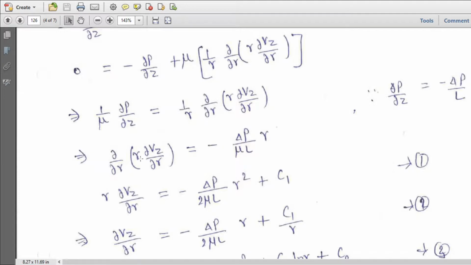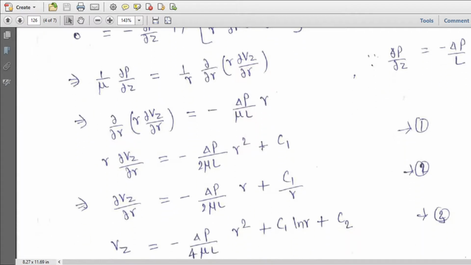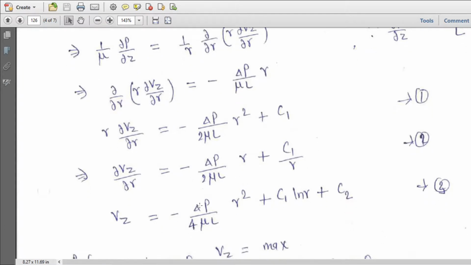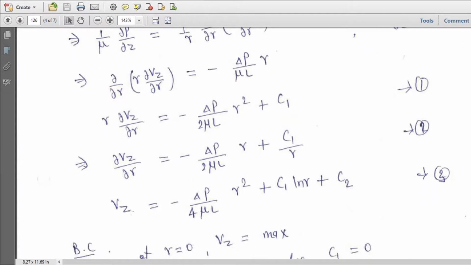So this can be integrated, where del P upon del z is minus delta P by L. So we will get the expression for del Vz upon del r equal to minus delta P by 2 mu L r plus C1 upon r. Then again integrating here, Vz equal to minus delta P by 4 mu L r square plus C1 ln r plus C2.